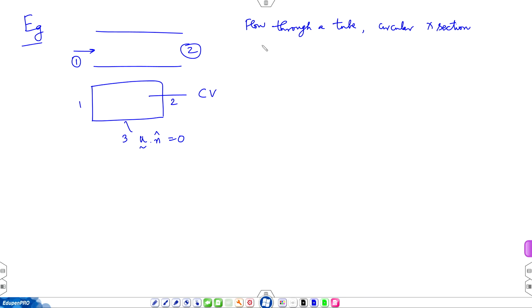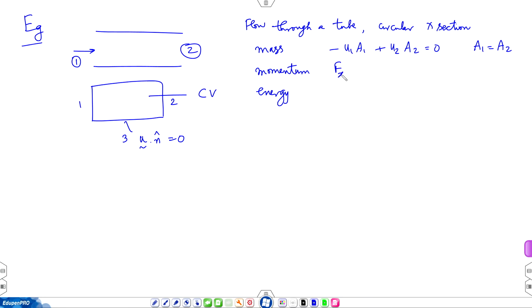So, let us write the mass, momentum, and energy equations. Mass: minus u 1 A 1 plus u 2 A 2 equal to 0, and of course, A 1 is equal to A 2.